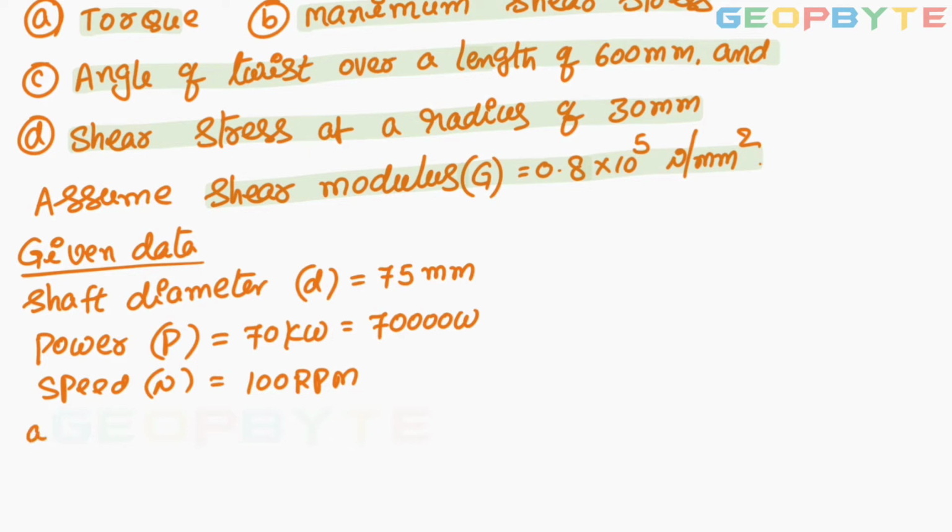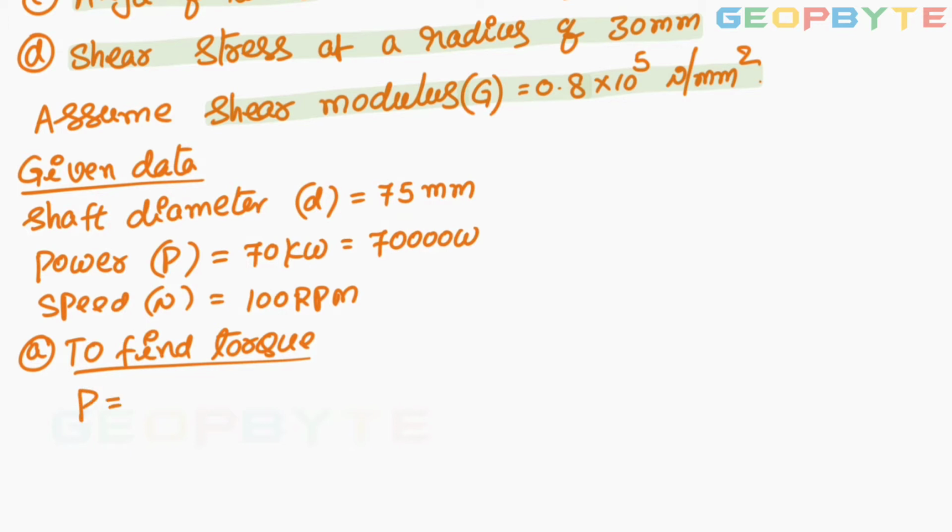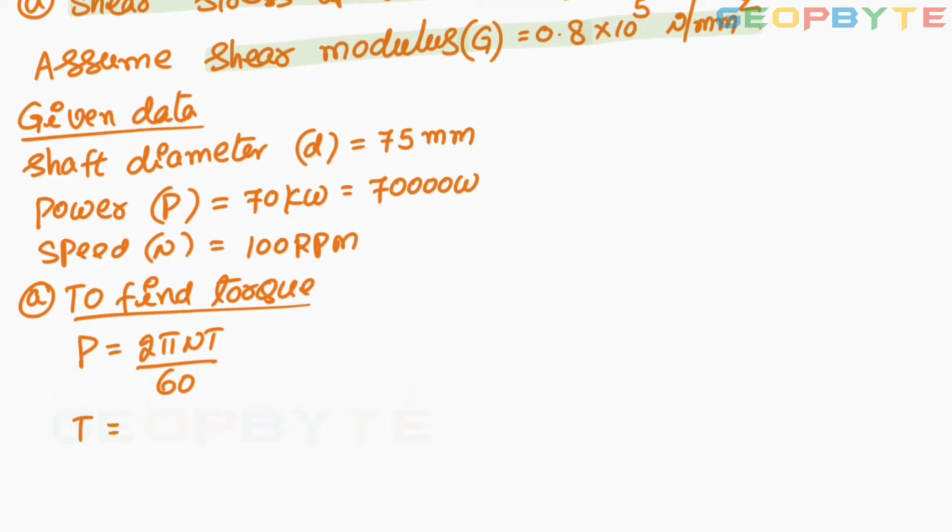First bit, torque. To find torque, as we know, power P equals 2 pi nT by 60. From this, torque equals 60 P by 2 pi n.